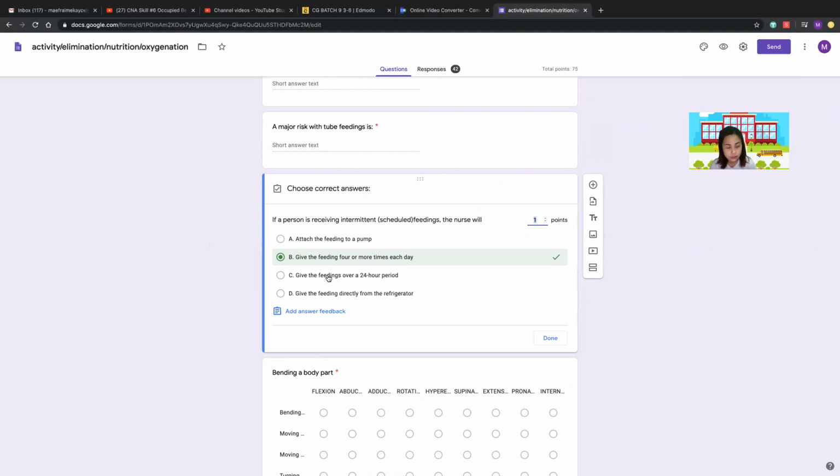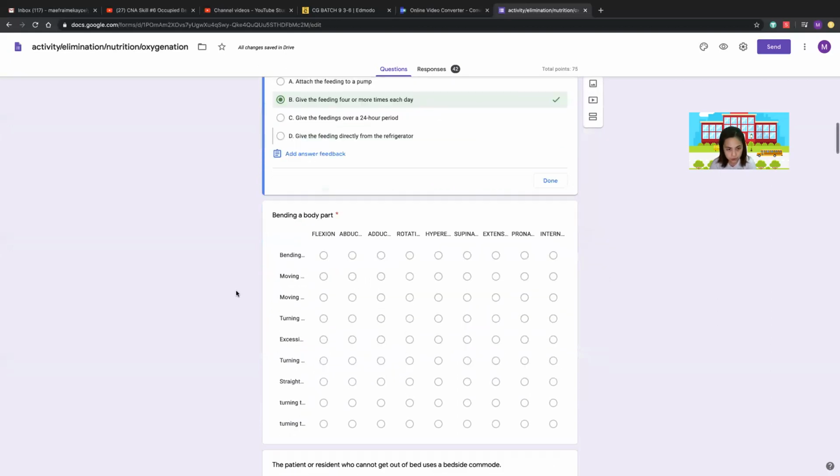Give the feeding over 24 hours, no, because it is intermittent and scheduled, so it will not be for 24 hours. Then give the feeding directly from the refrigerator. It's a no-no because the patient will feel cold. You should warm the feeding before giving it to the patient.